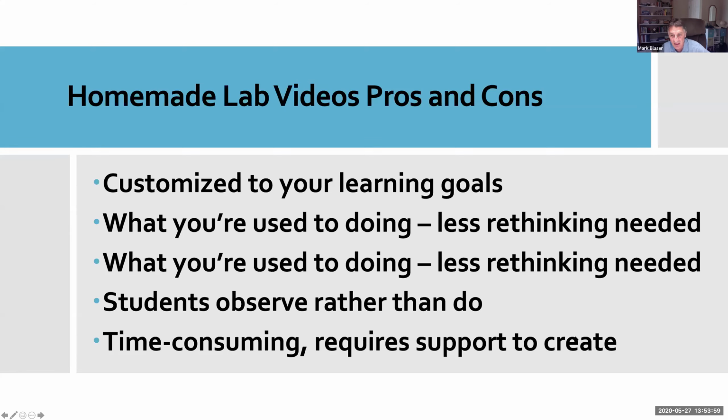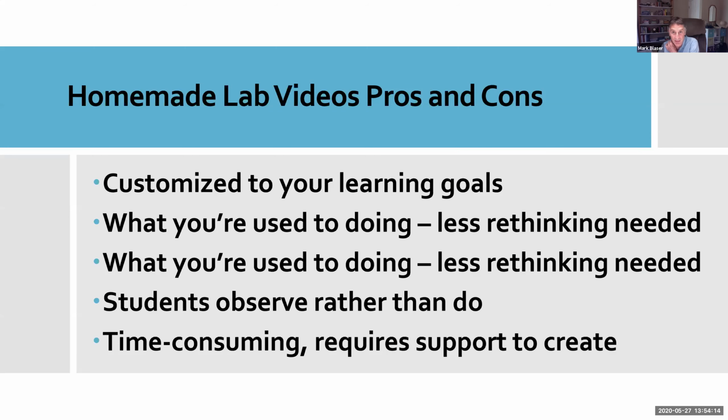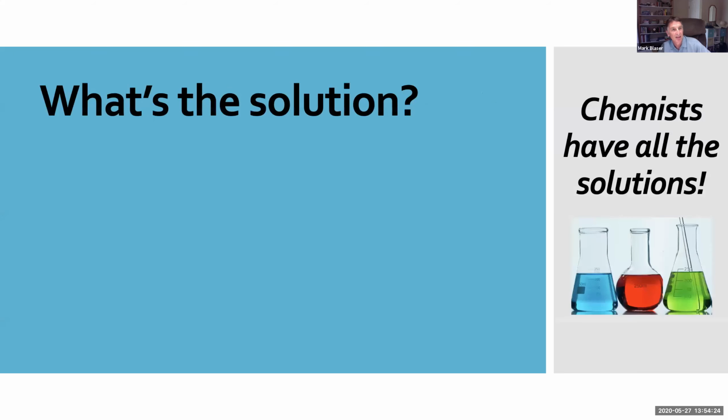They're not interacting with stuff, at least if you just quickly create a video. And they take some time to create, maybe some support because you have to have access to campus and the chemicals. I mean, I think it's okay in an emergency. I'm not thinking this is a generally great solution, even though lots of people have been doing that. Again, my opinion at the moment.